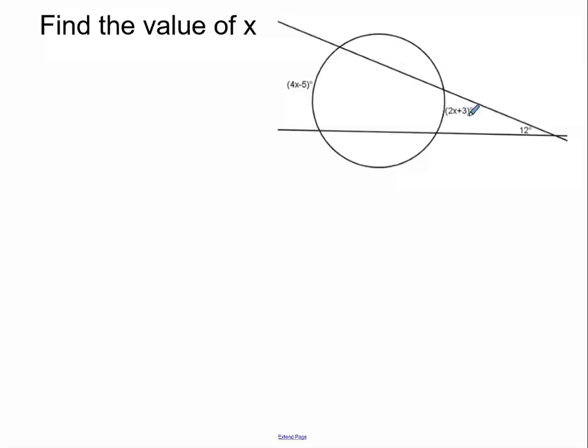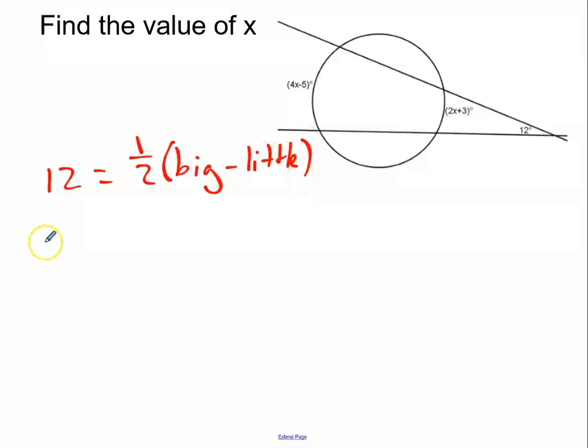So remember that the angle, which in this case is 12, is going to equal half of the big arc minus the little arc. And so I know the big arc is equal to 4x minus 5. And I know the little arc is equal to 2x plus 3.